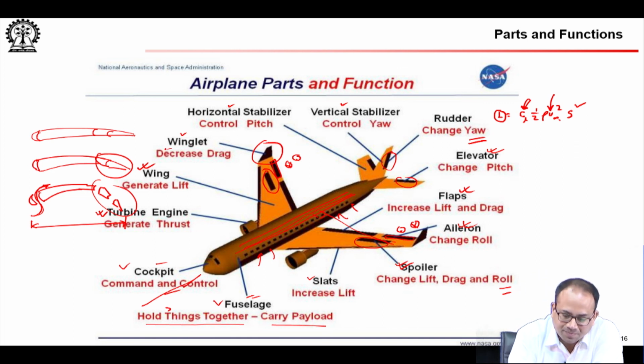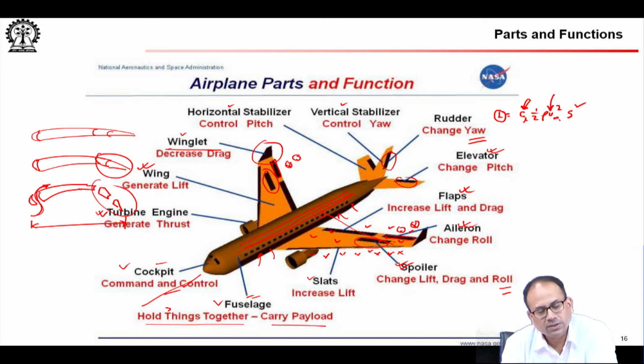So, winglets. Remember I talked about the situation with finite wings, that is, the pressure below the wing is larger than the pressure above the wing, and that is on the average. Okay, so that word is important. Pressure below the wing on the average is larger than pressure on the upper surface.